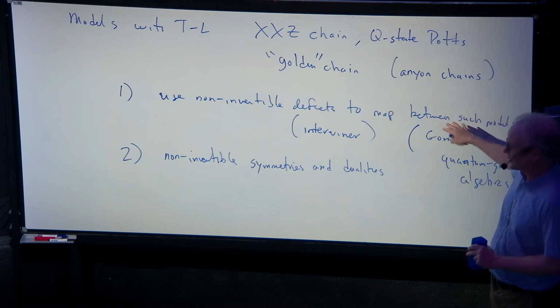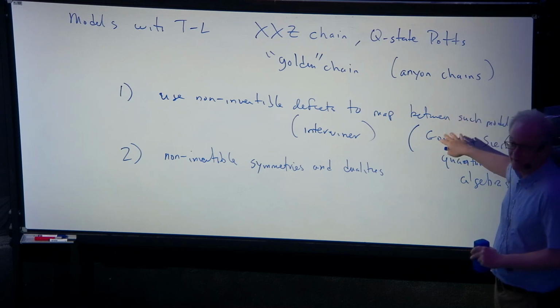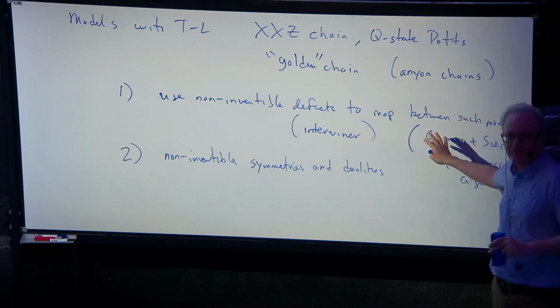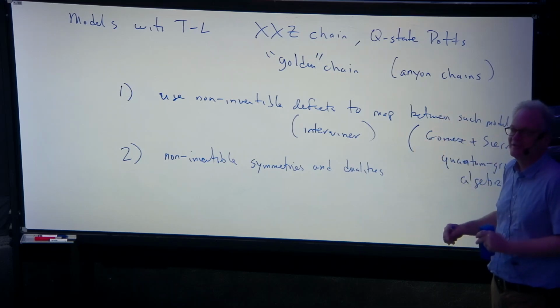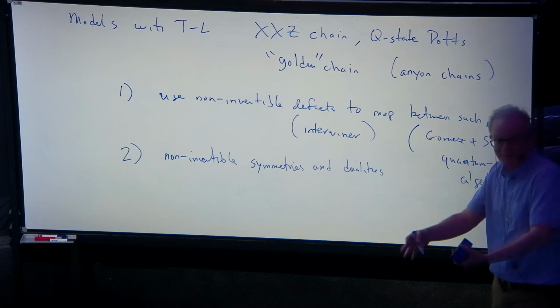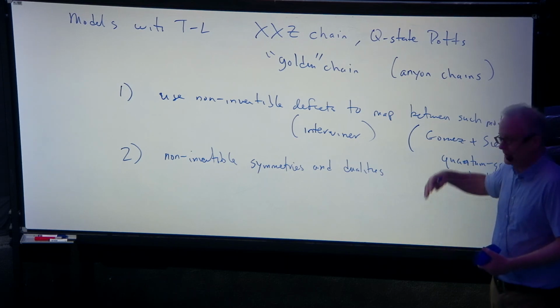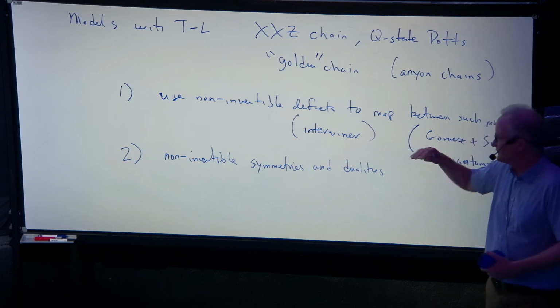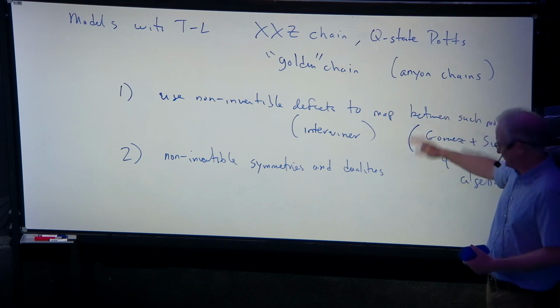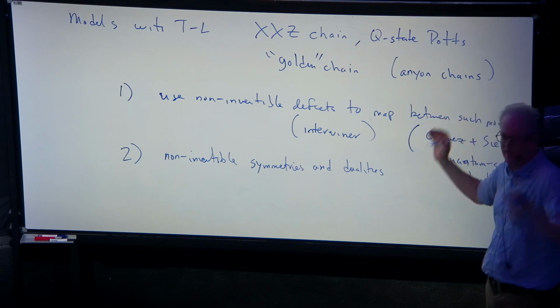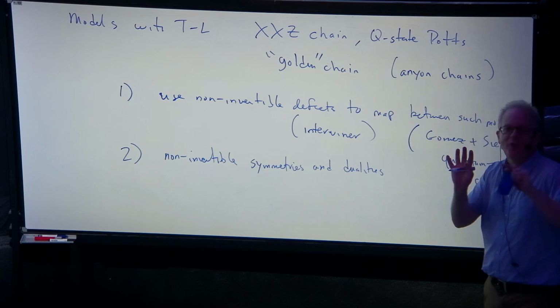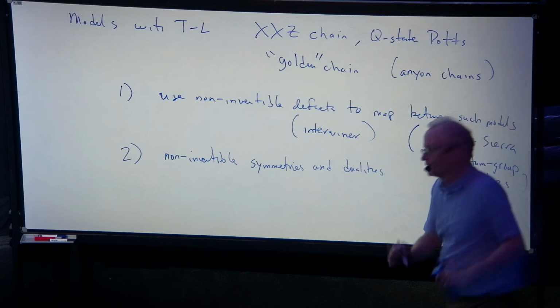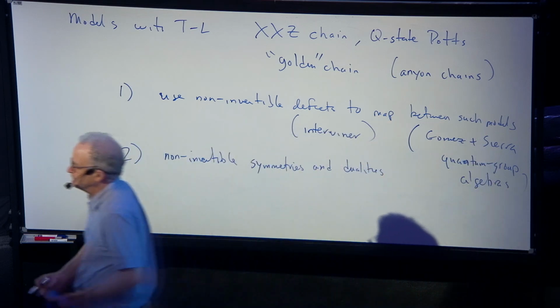There's a whole vast literature on this, a lot of which is very relevant. But I think it's fair to say that now via the fusion categories that I will describe later today, for the things involving these non-invertible symmetries, all you need is the fusion category. You don't need all this quantum group stuff, but it's great stuff.